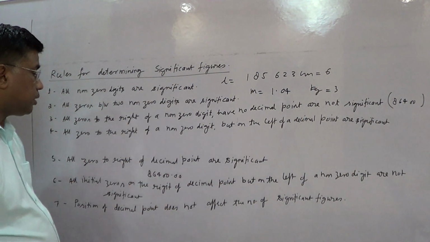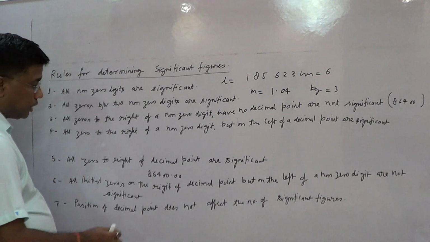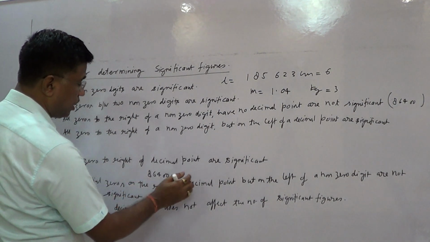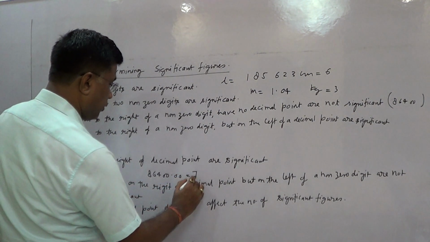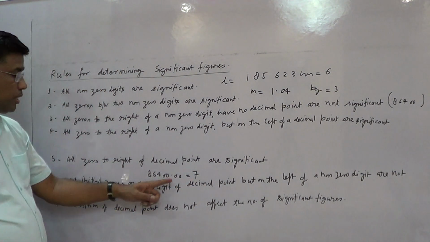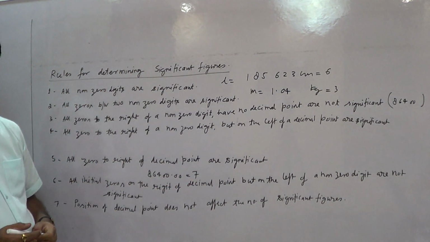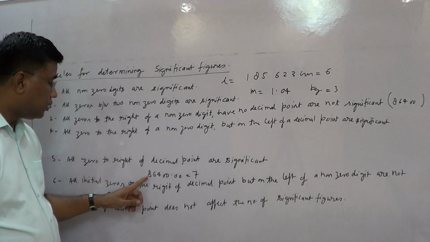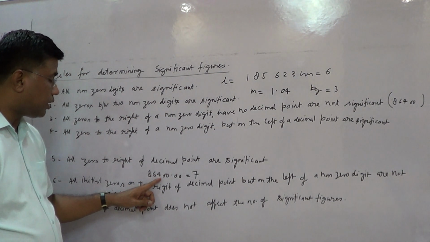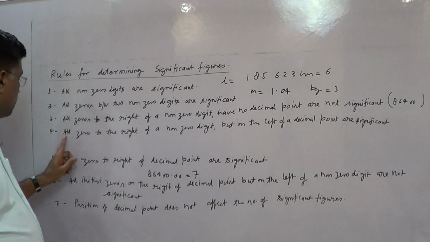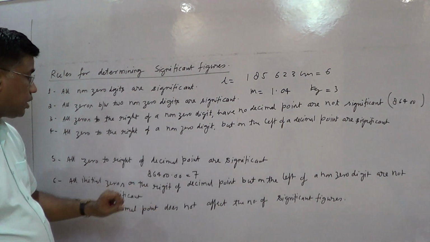So in this measurement, there are a total of 3, 5, 7 significant figures. So in this measurement, there are 7 significant figures. From the first law, these three are significant. From this fourth law, these two are significant.